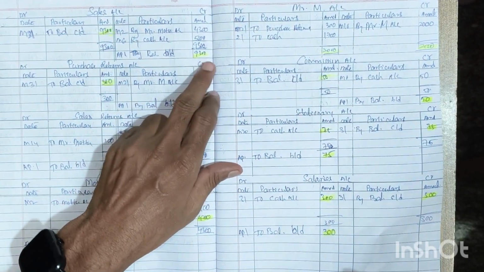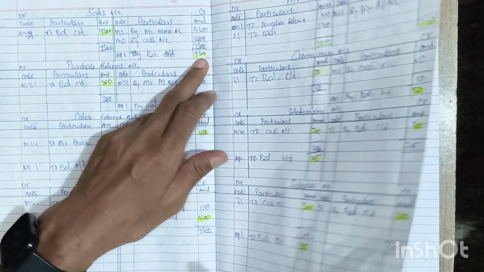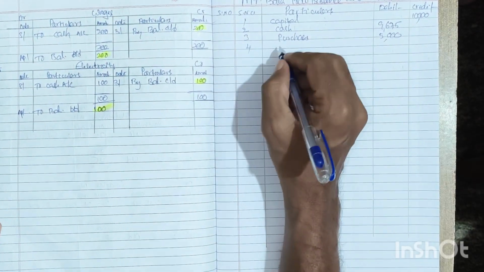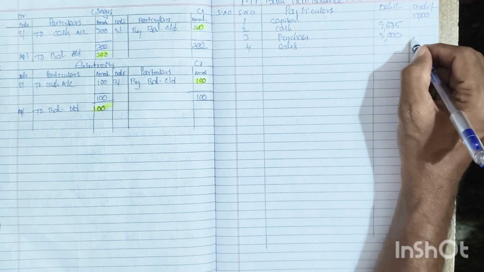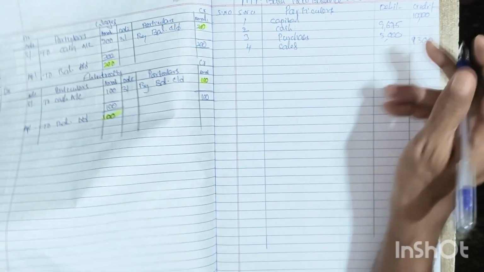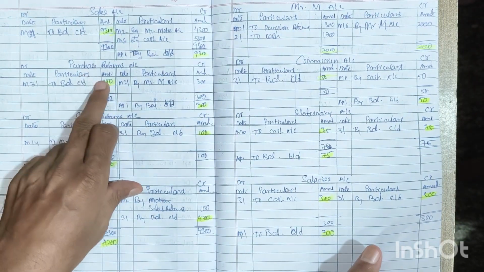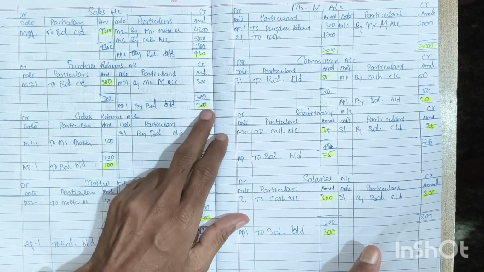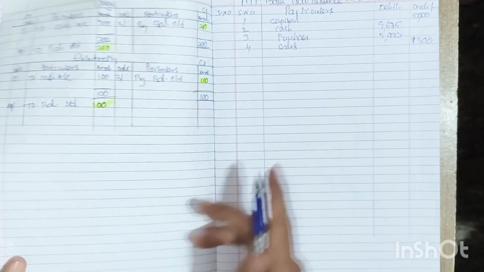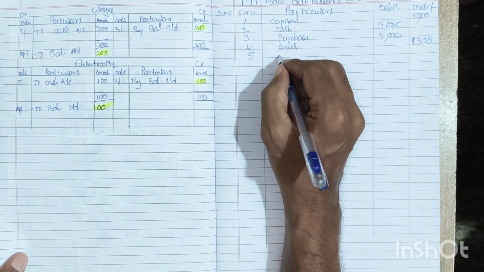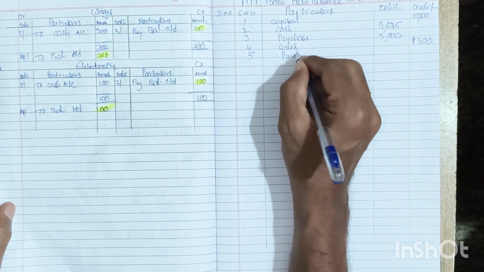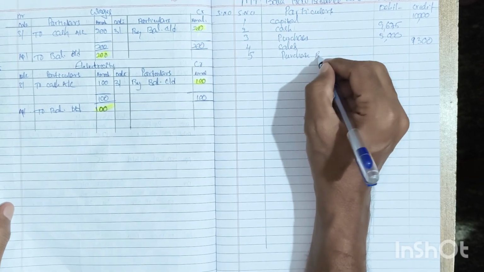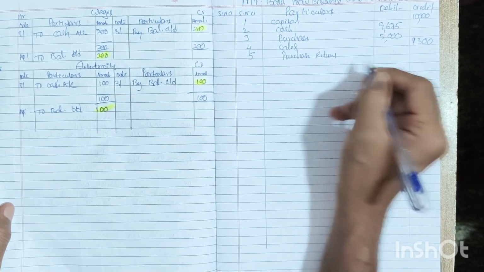Next one, sales is always a credit balance, 9,300. Fourth one, sales, credit balance, 9,300. If sales returns, which balance is it? Credit balance, right? Fifth one, which one? Purchase returns.